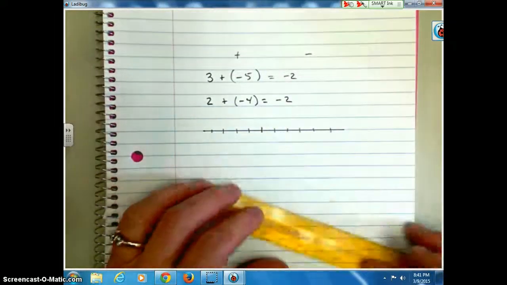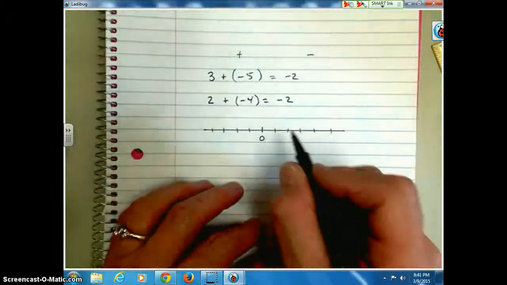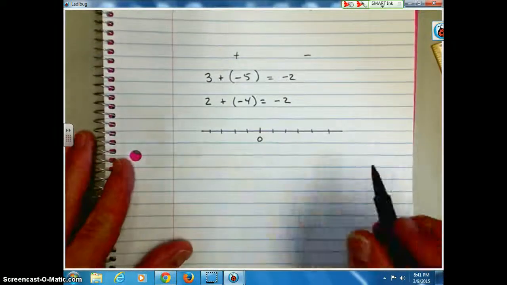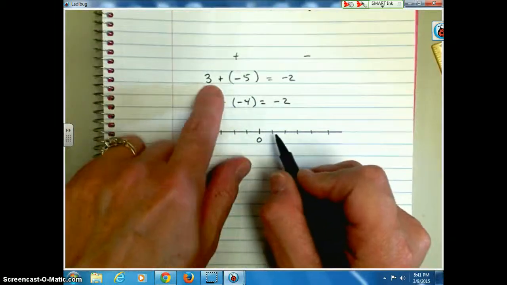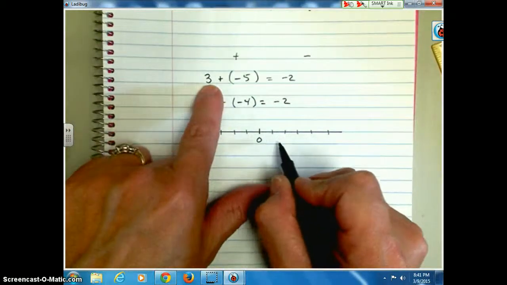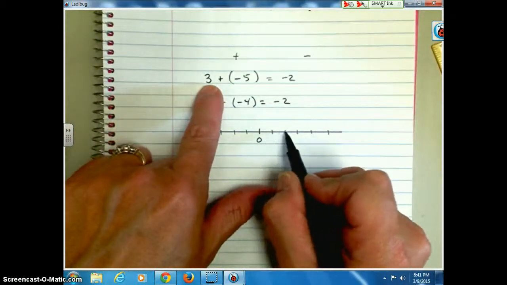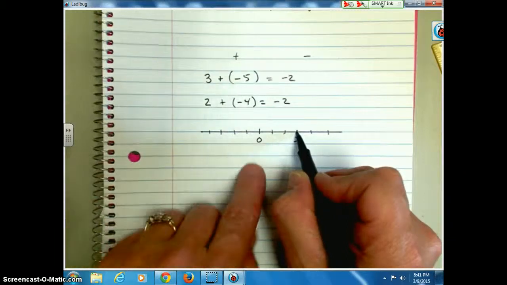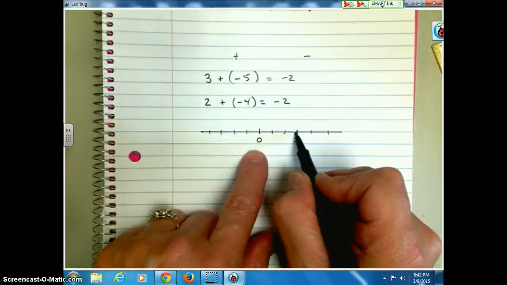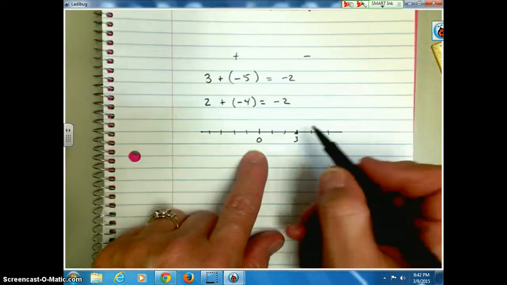If you need to stop and pause the video so that you can get the number line drawn, go ahead. We started with a positive 3. Let's do this example on the number line. So positive 3 is 1, 2, 3 right here. And then we're going to add a negative 5. We went ahead 3, and if we add a negative 5, it's like we're going to go backwards.